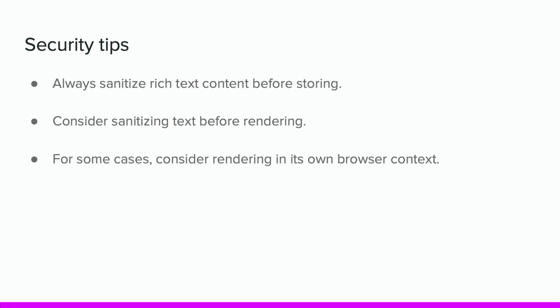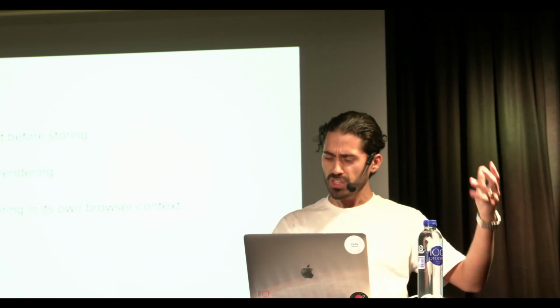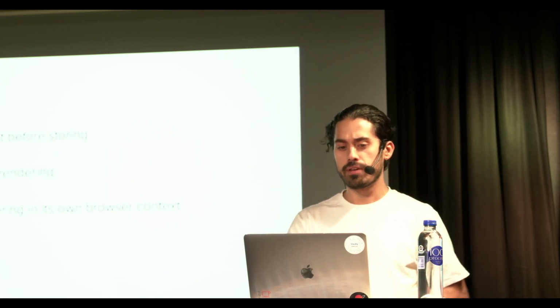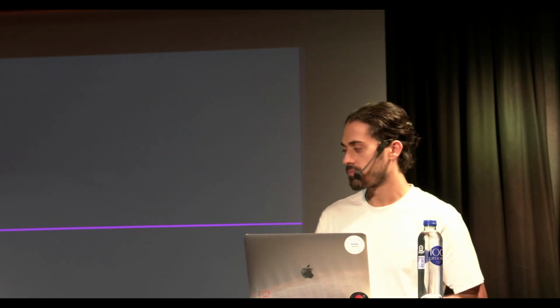And in some other cases, when you have to render something really dynamic, you have to render it in its own browser context, meaning in its own frame. When does that happen? For example, in GitHub, when you render a Jupyter Notebook document, it is rendered in a different frame, because it's super dynamic and you do not want it to interfere with other stuff of the application.